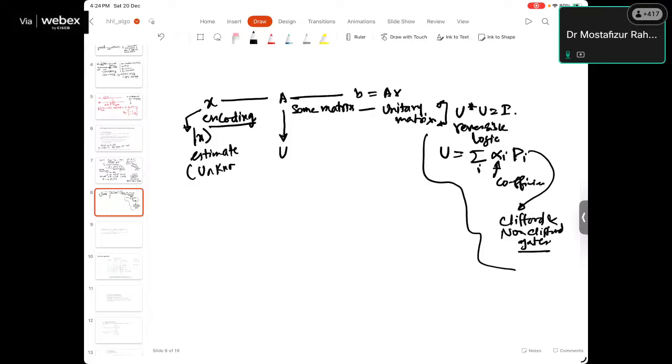A is known to me. In this equation, Ax equals b, this is known, this is known, this is unknown, in the general case, right? We have to estimate this in linear system solving.